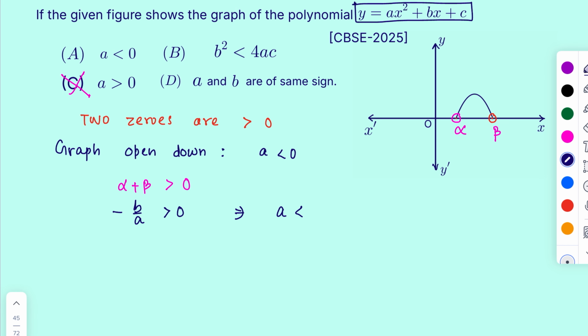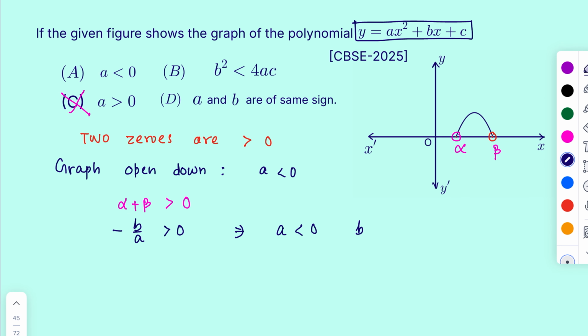So if a is less than 0, b should be greater than 0, so that b by a has a positive value. So b is greater than 0, which means a and b are of opposite sign, not the same sign.